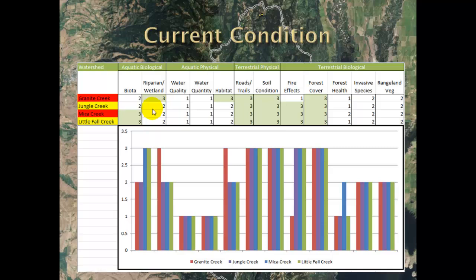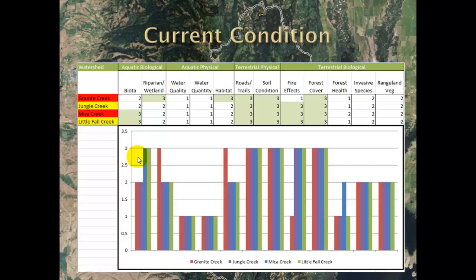Good is assigned number 1. I'm oversimplifying this a little bit because each of these 12 indicators has multiple attributes that go into making up the final assessment of the condition, whether it's poor, good, or fair. But I'm just looking at the value that was assigned in aggregate.